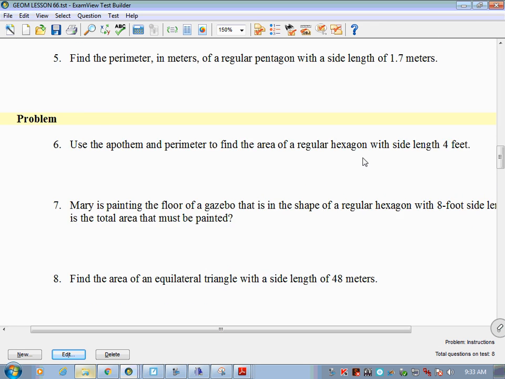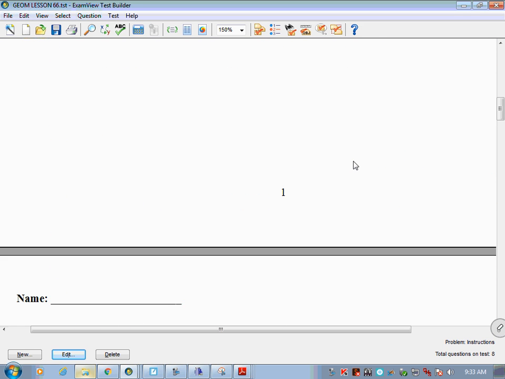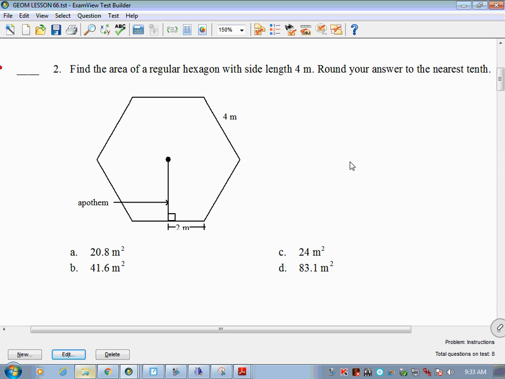Now life gets a little bit more tricky for 6, 7, and 8. These are going to be based upon each other. Number 6 says, use the apothem to find the area of a regular hexagon with side length of 4. Now, I'm not going to spend a lot of time on 6, and the reason why is because, look at question number 2. Is that a hexagon? Does it have a side length that measures 4?